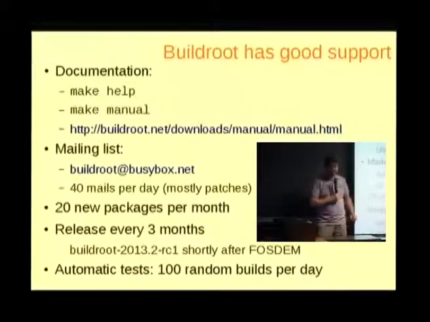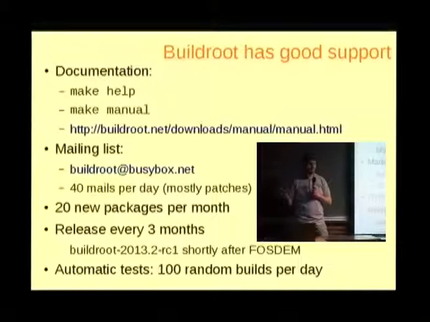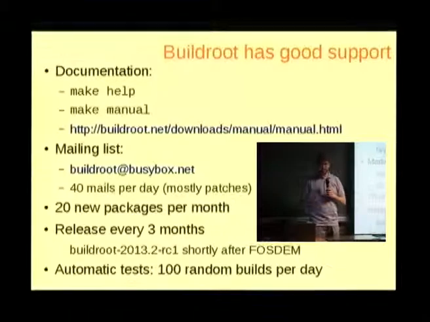We also have automatic tests, about 100 builds are done per day, to see if everything still builds in all possible exotic combinations. Now I have to admit about half of these builds fail, because cross-compilation is difficult. So sometimes there is some cross-compilation patch needed.